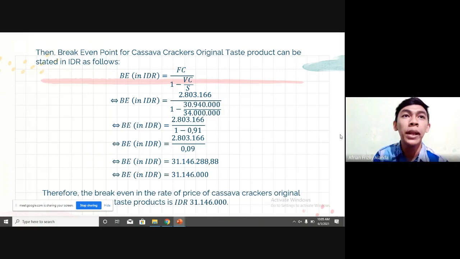And then the break-even point for cassava crackers original taste products can be stated in rupiah as follows.